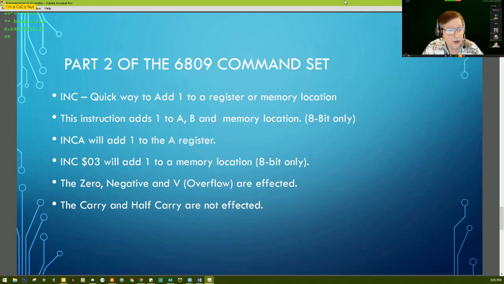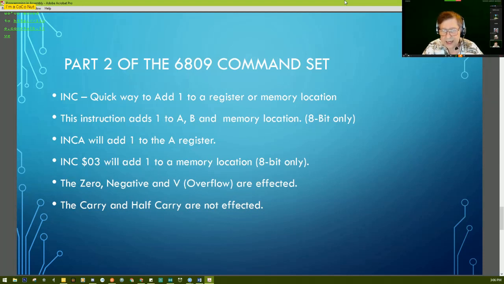You can also INC a memory location. Like INC $3 will increment the memory location at 3. Now, only the zero, negative and overflow flags are affected. The carry flag and the half carry flag are not.